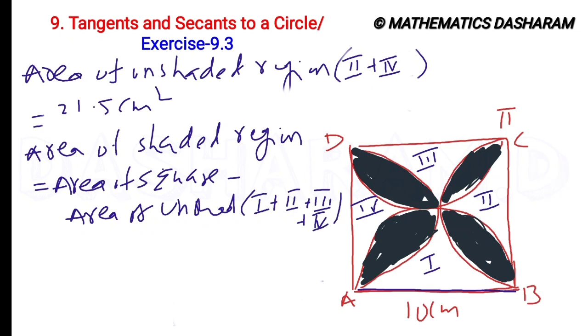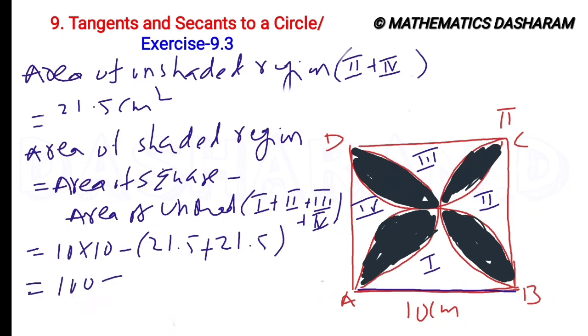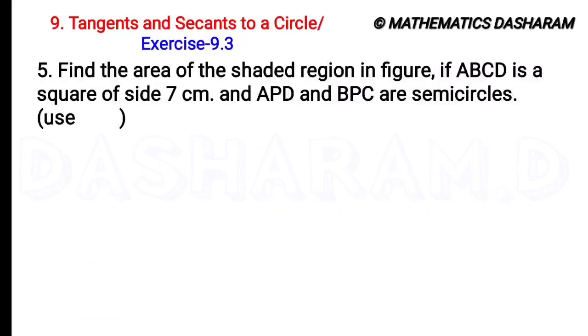Okay, so area of a square 10 into 10 minus area of an unshaded region. See, 1, 3 unshaded region 21.5, 2 and 4 unshaded region 21.5. So 100 minus 21.5 is 43. So 100 minus 43 is how much? 57 centimeter square.